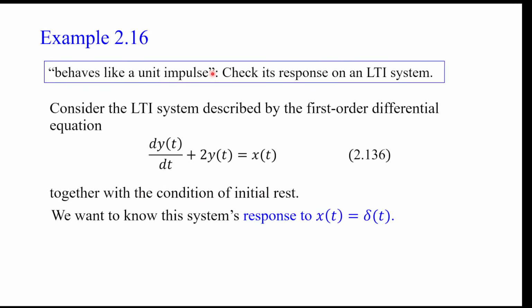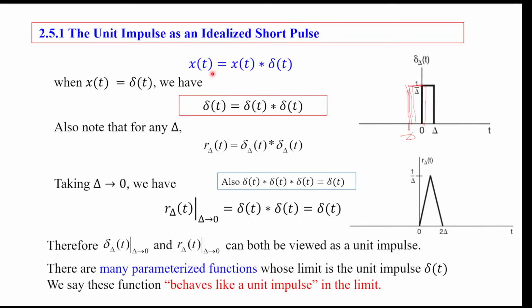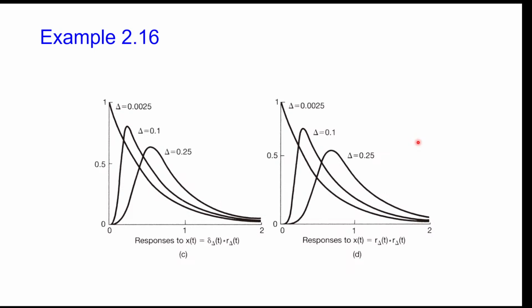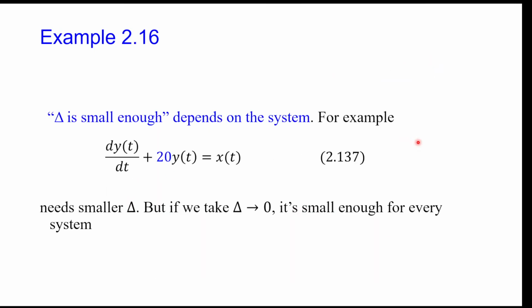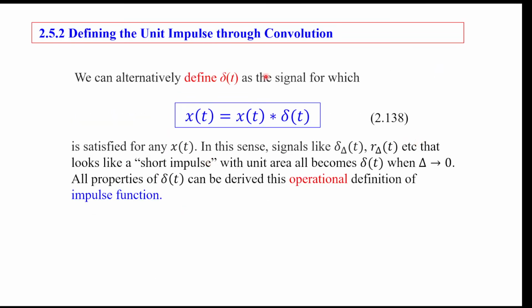We defined delta function as the limit of the delta triangle function, taking the limit of the triangle width to 0. A more elegant way to define delta function is in terms of its convolution. You can define delta function as a function that, convolved with anything, gives back the same thing.